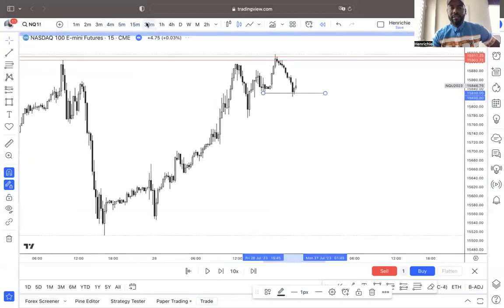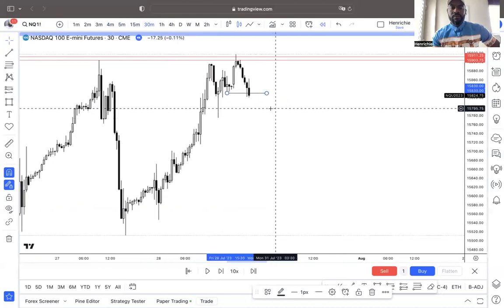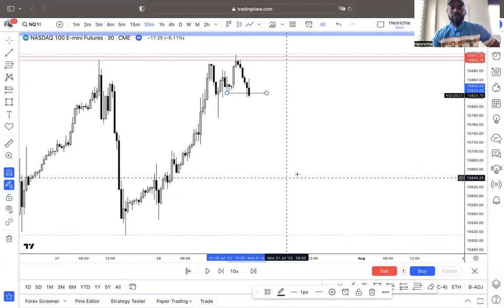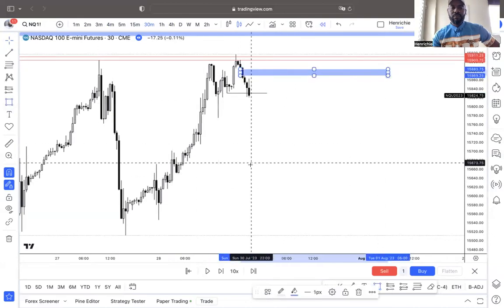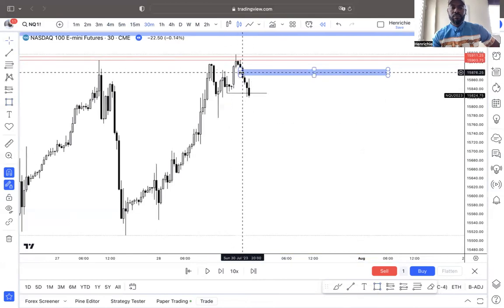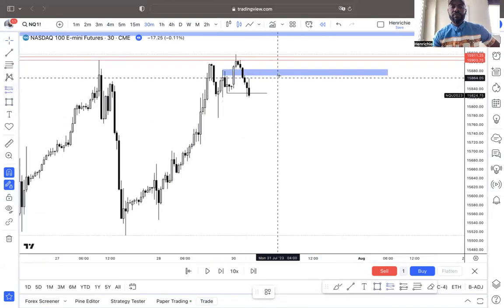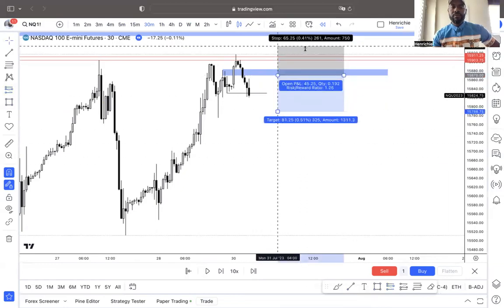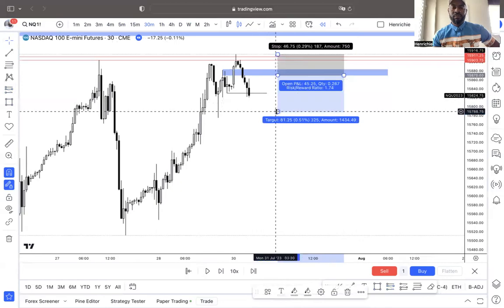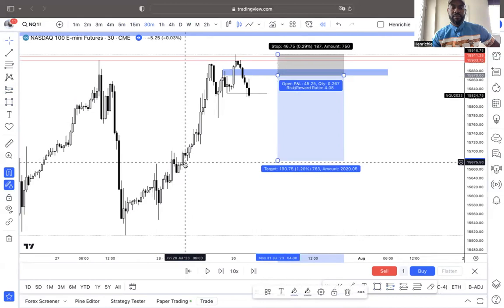Now, where is my entry position going to be? I'm looking at here. This is going to be my entry position, and my stop loss is going to be above the high. I can aim for this little gap here.